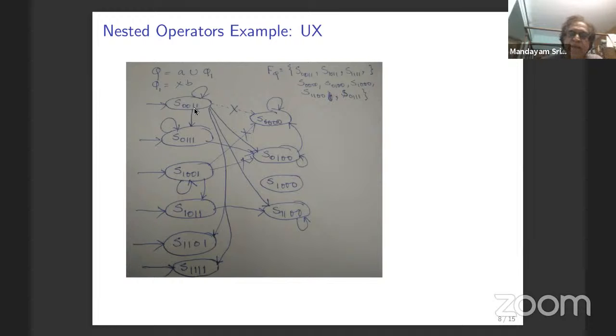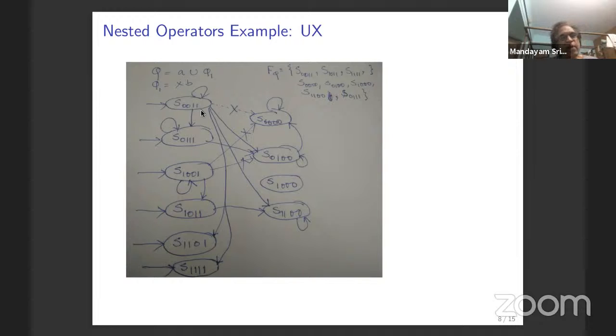That is done by defining the transitions as per the recursive semantics of U and X, those laws that I showed you. Similarly, that's why all these crossed out arrows are not there.